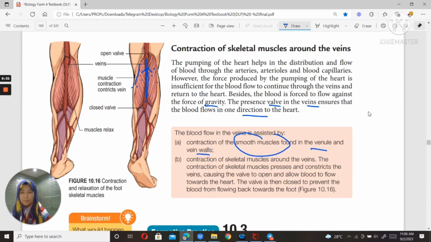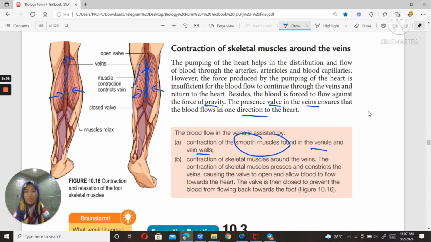At the same time, the contraction of skeletal muscle around the vein will help to push the blood back to your heart. So contraction of skeletal muscle presses, dia akan tekan bahagian vein tu. Okay, constrict. Constriction of the vein means that the vein becomes narrow.